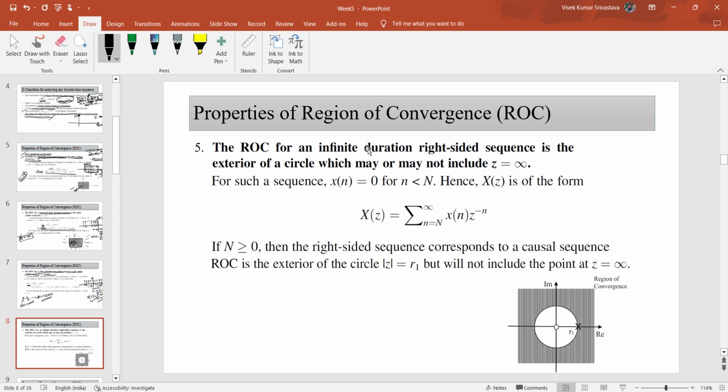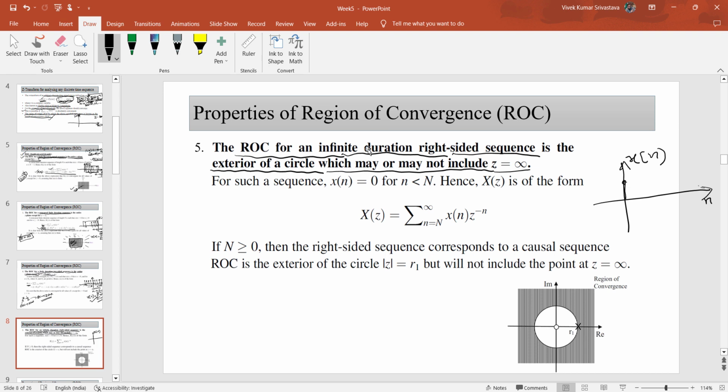So now moving ahead, the ROC for an infinite duration right-sided sequence is the exterior of a circle which may or may not include z equals infinite. Okay, so first of all we have to see what an infinite duration right-sided sequence is. Let us say this is x of n, this is n.